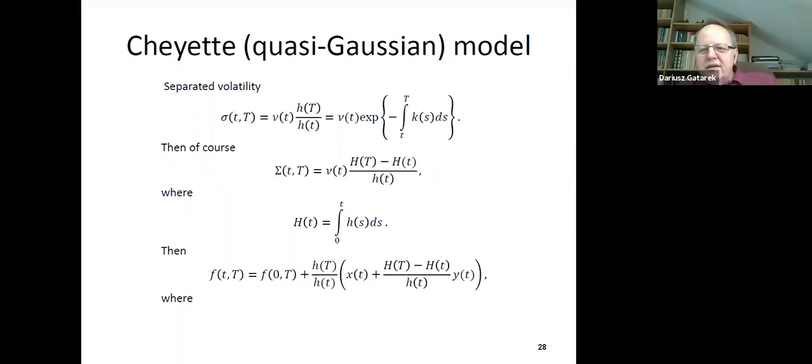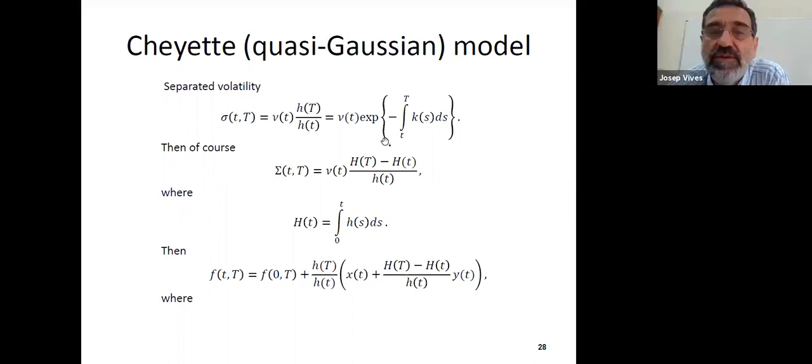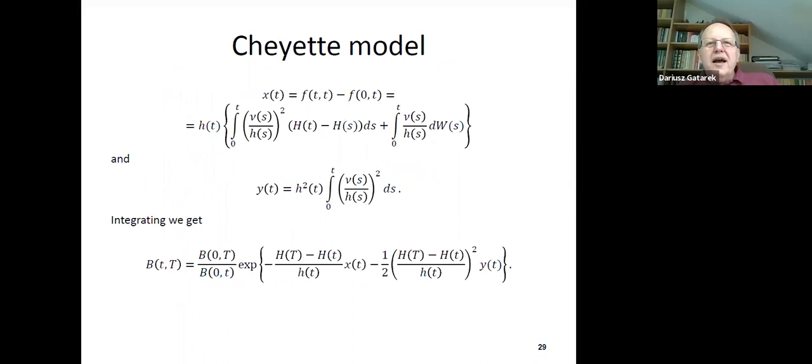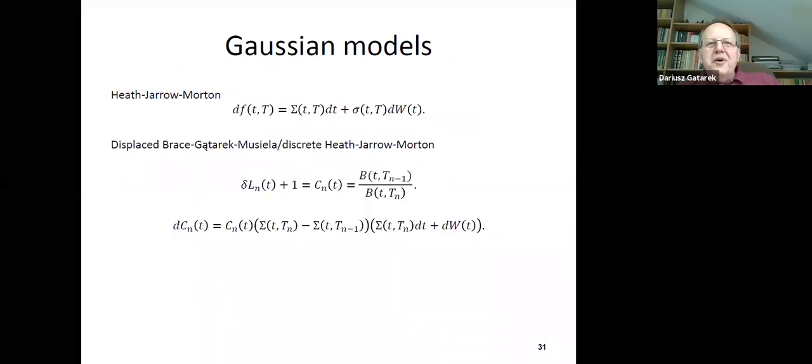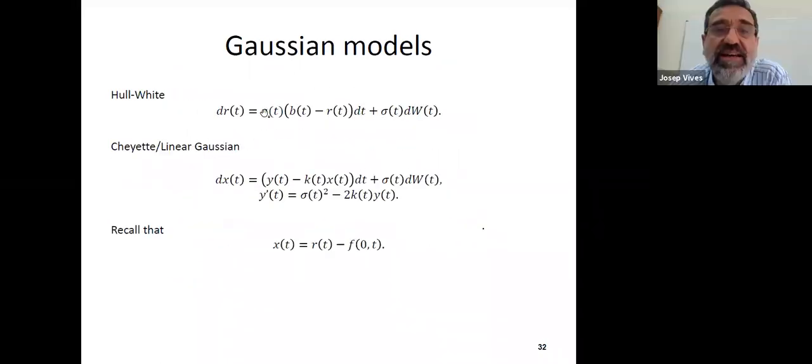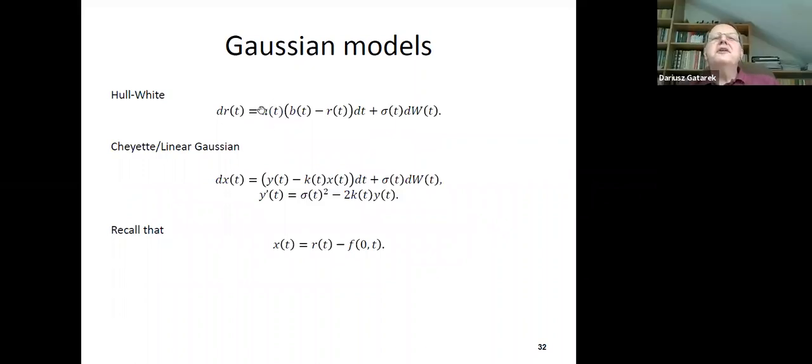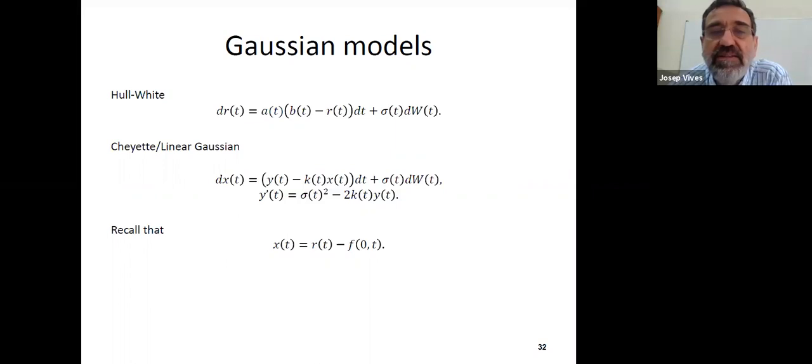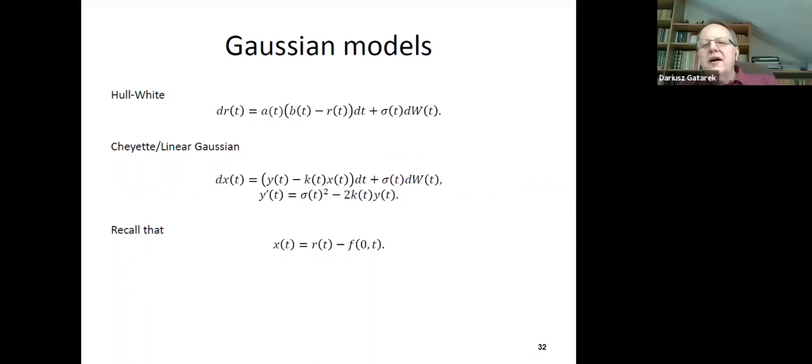What is A of t? The coefficient A of t. Where is A? Which A? Yes, I suppose it's this one. Yes, the mean reversion parameter in Hull-White. Yes, it is calibrated, because with A we slightly move the Gaussian process.